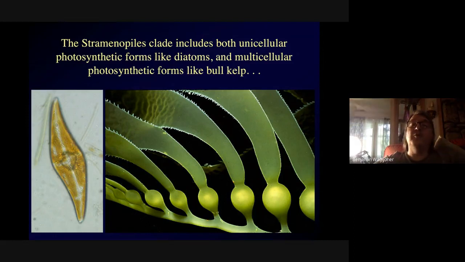And then over on the right, we have a multicellular photosynthetic organism. This is bull kelp, and they're both in the Stramenopiles. They've got the same types of photosynthetic pigments, some other details of how the cell is put together that unite them.